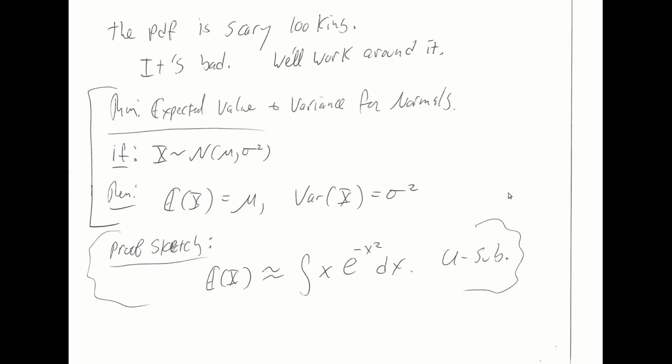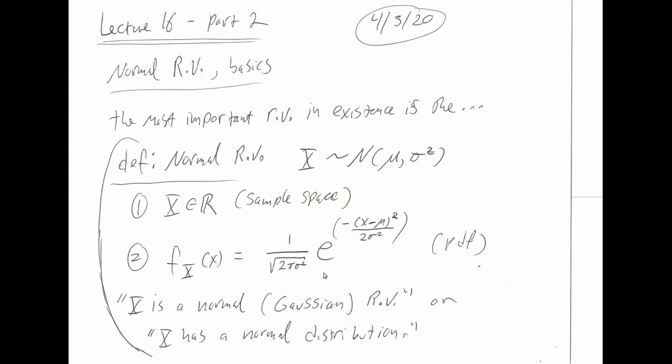Backing up for just a second, the PDF for the normal is the famous bell curve that shows up all over the place. When you talk about teachers expecting to see a bell curve for grade distributions, or astronomers talking about a bell curve that describes the age distribution of stars in a galaxy, these bell curves show up so frequently that scientists began to say, oh, this is a normal phenomenon because it has that familiar shape.